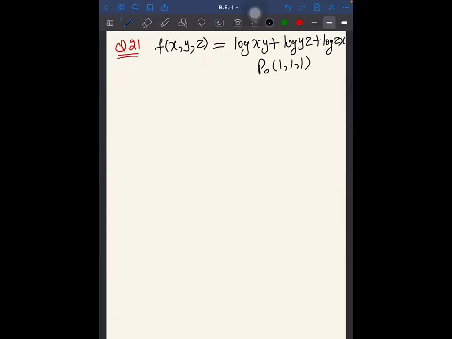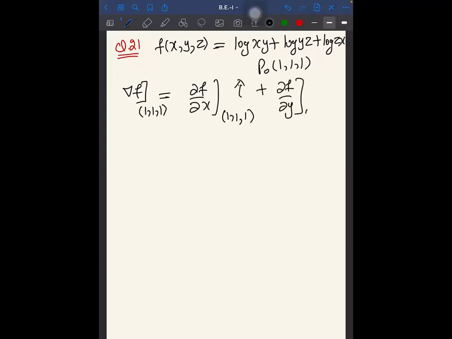Both the directions we need to calculate. So in this, we need to calculate only del f, and the mod of that at point (1, 1, 1). So that is curly f upon curly x at (1, 1, 1) i plus curly f upon curly y at (1, 1, 1) j plus curly f upon curly z at (1, 1, 1) k.